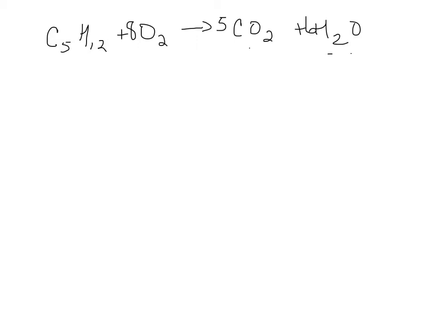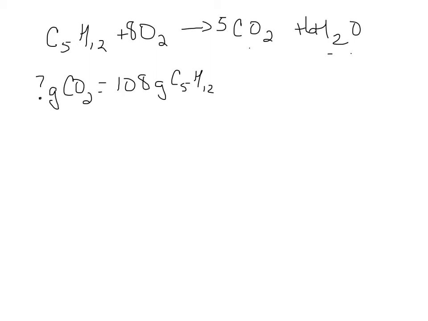All right, so now we were given 108 grams, and we want to find how many, what were we trying to find? How many grams of CO2, and we were given 108 grams of C5H12. So the next step is convert to moles.